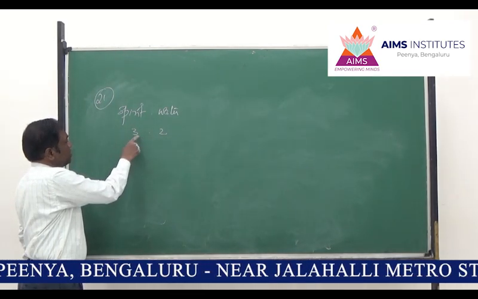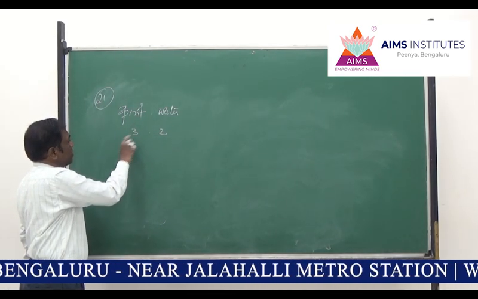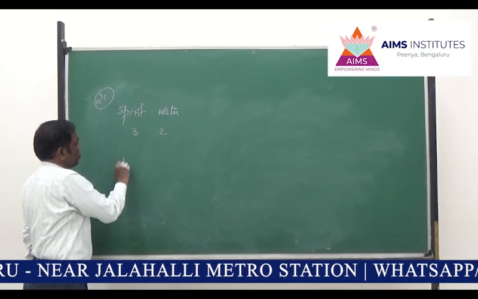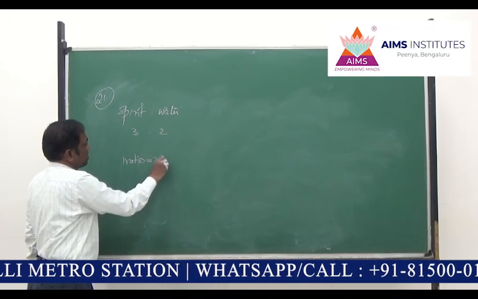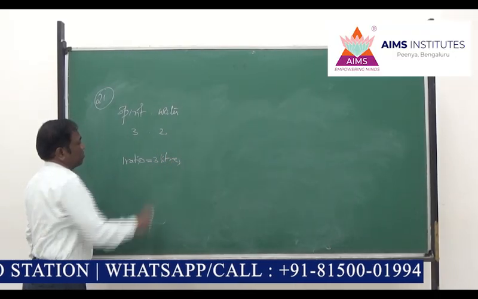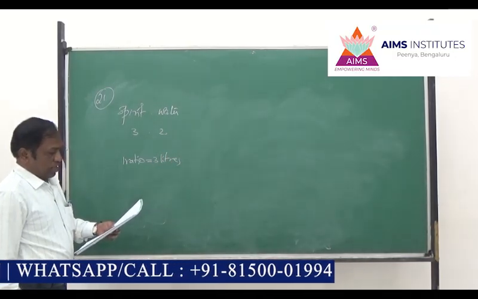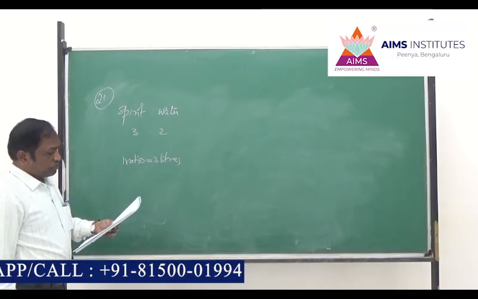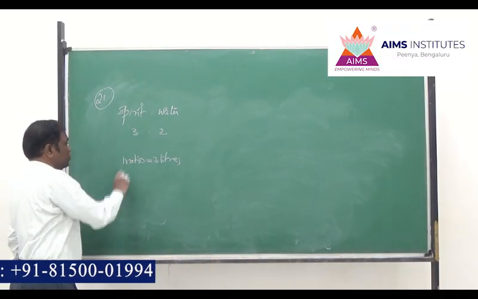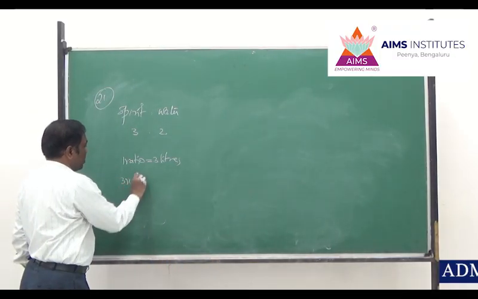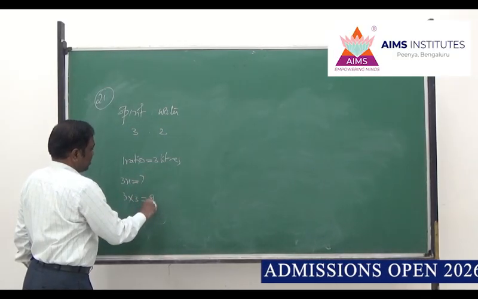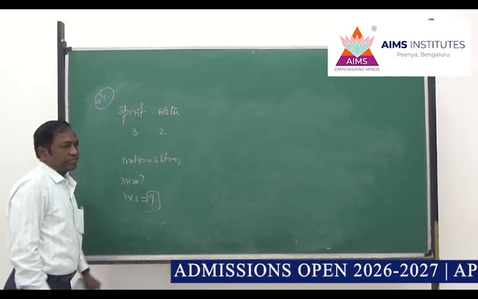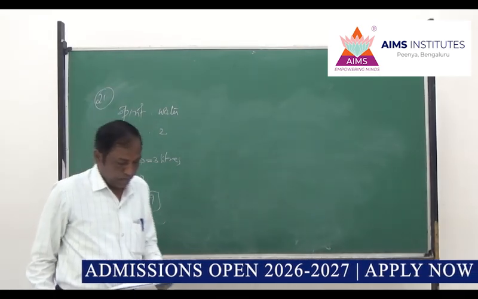It means how many ratios more than water? 1 ratio. So 1 ratio is equal to 3 liters. What is the spirit ratio? 3x, so 3 into x value of 3. It means 9 liters. Option D.